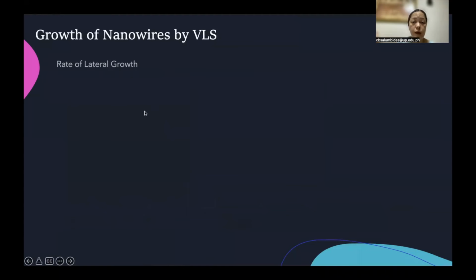So going back to the growth rate empirical equation from Yuvargizov and Chernov, one of the discussed disadvantages is that it doesn't account for the intimate mechanism of the 2D nucleation process, since growth can proceed by the formation of a single 2D nucleus or several 2D nuclei.